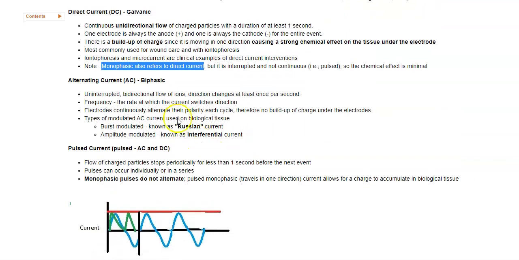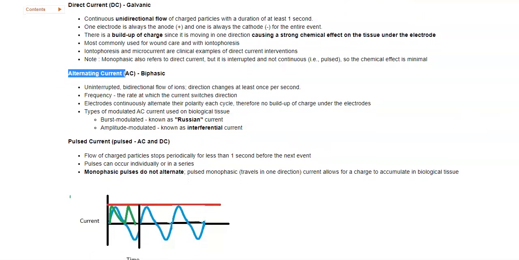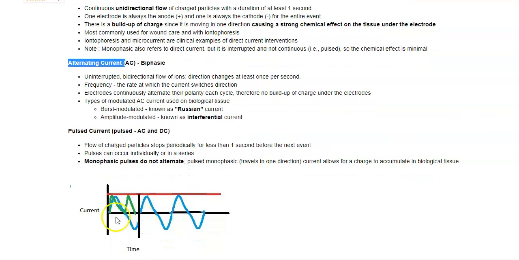The next type of current we'll talk about is alternating current. So that is a bidirectional flow of ions, and that's represented by this blue wave. And so you can see that there's a positive waveform and then a negative waveform, and that repeats. The poles alternate from positive to negative, and it moves down the line.